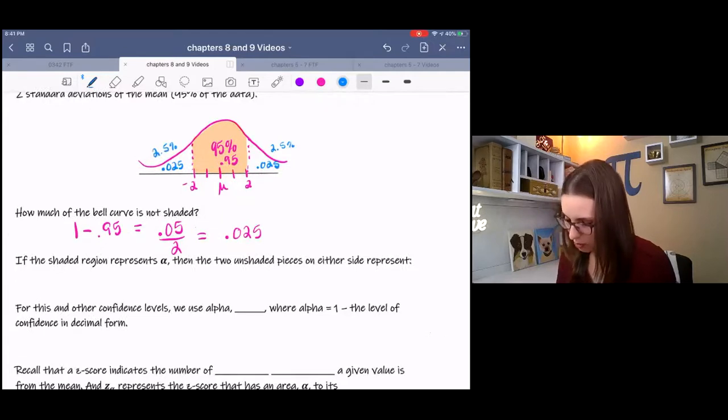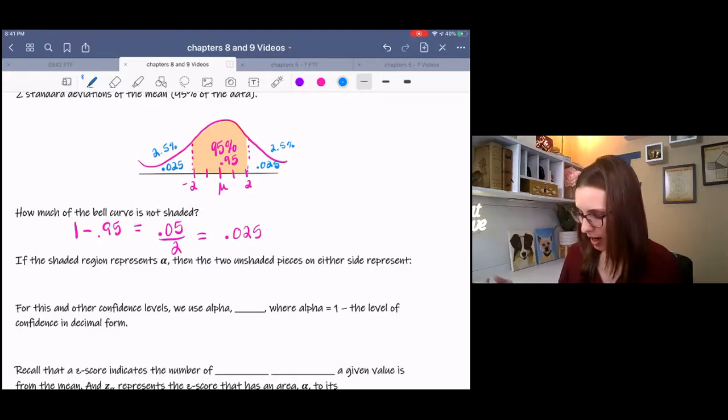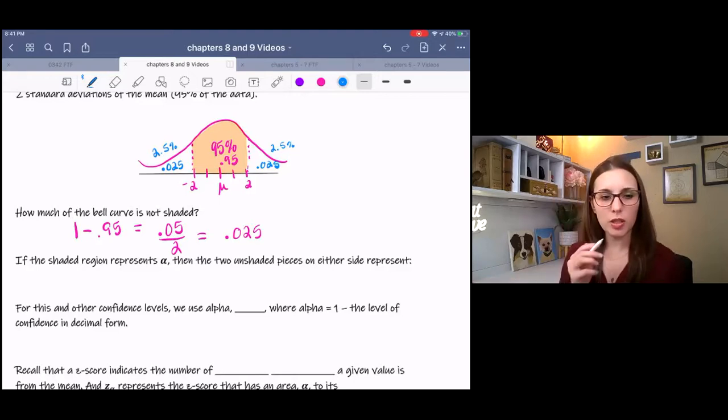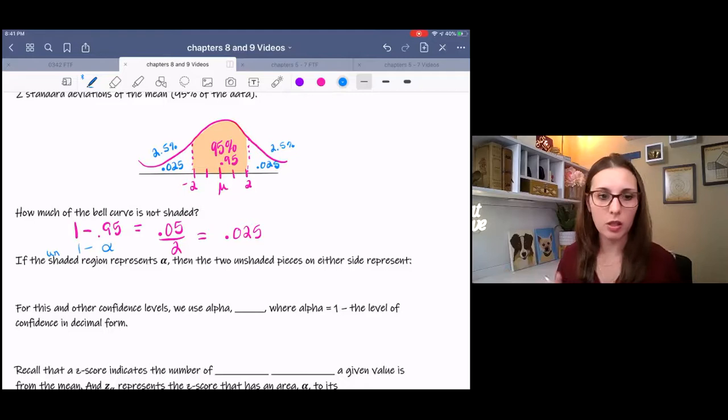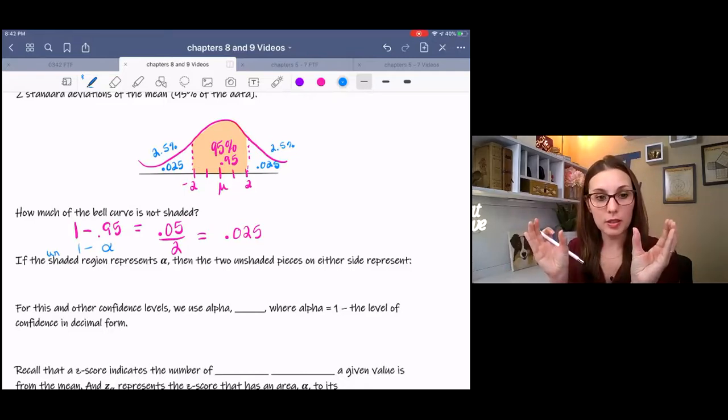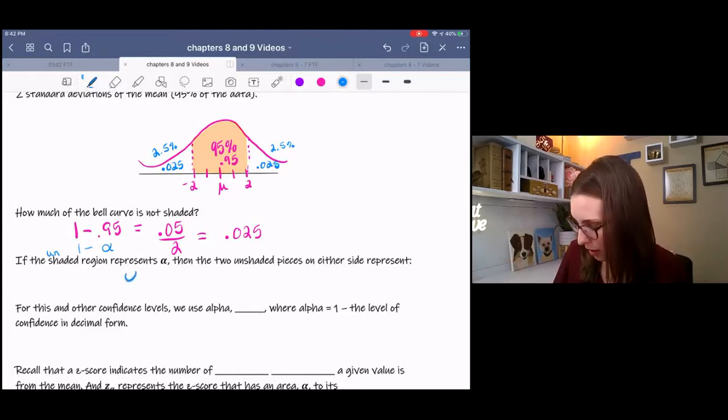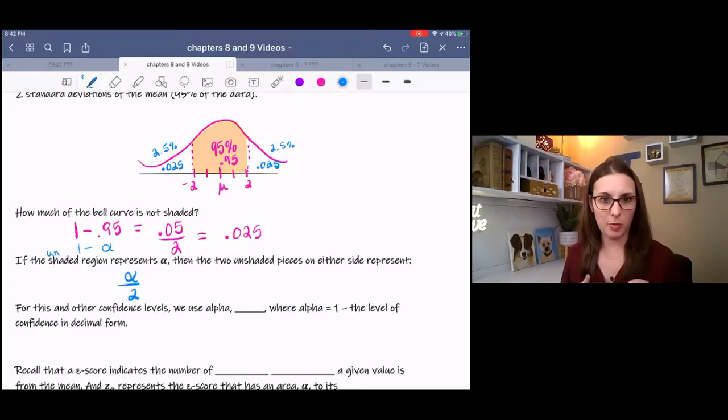If the unshaded region represents alpha, then the 2 pieces on either side are alpha over 2, because we divided them in half.